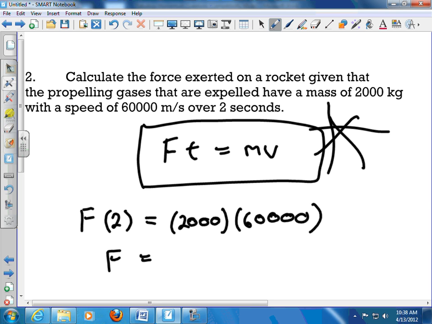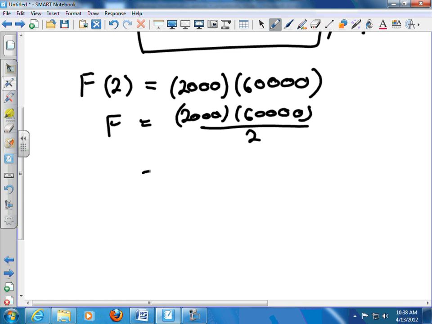Force equals 2,000 times 60,000 divided by 2. And force equals 60 million newtons, or 6 times 10 to the 7 newtons. Whole lot.